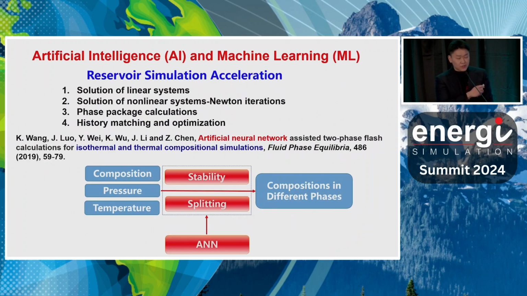The data-driven model can also be used to accelerate reservoir simulation, including the solutions of linear and nonlinear systems, phase package calculations, and history matching and optimization. For example, our colleague has used AI to assist two-phase flash calculations for isothermal and thermal compositional simulations.